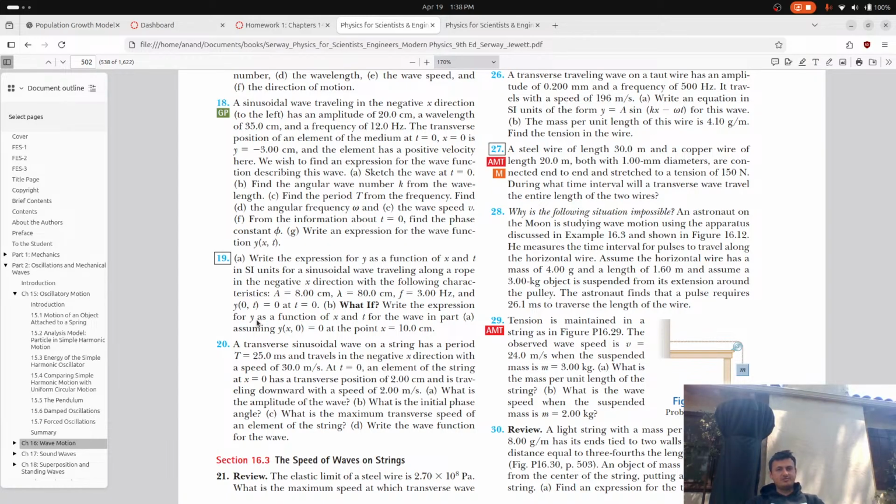So x is measured in meters. So it's going to be 2 pi over 0.8 meters times x minus omega, which is 2 pi times 3 over seconds, times t. This is in meters. This is in seconds. So then this is an angle.